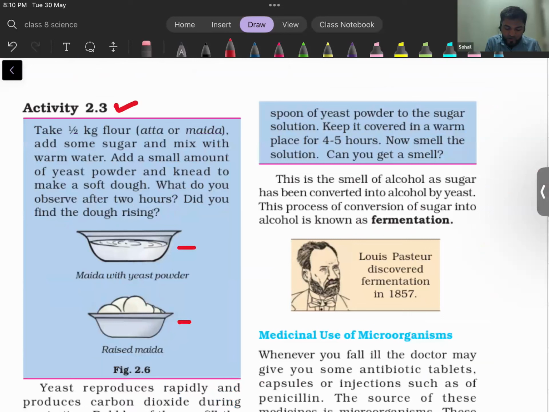Some warm water has been added along with some sugar. So yeast requires a warm environment to grow, and some food also. That food is the atta and some sugar which we have added, and the warm environment is provided by the warm water. So the yeast has got a very good environment to reproduce and multiply further.